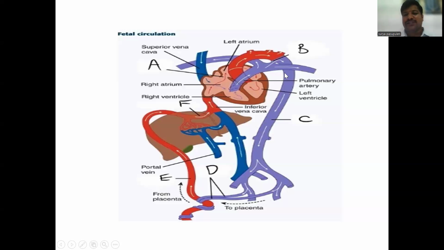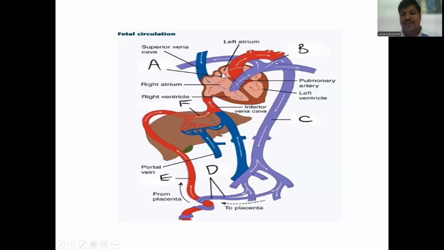As the lungs are not the respiratory organs here, the resistance in the pulmonary circulation is high compared to the systemic circulation. Hence the pressure inside the pulmonary trunk is high, which creates more pressure in the right ventricle, and in reverse, more pressure in the right atrium.